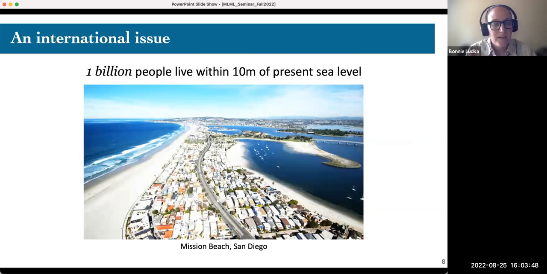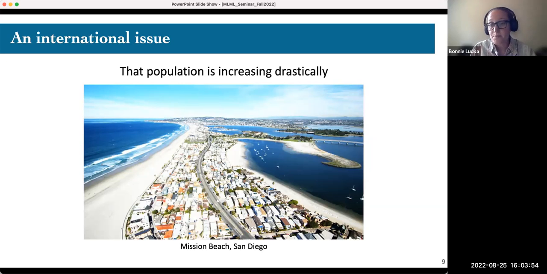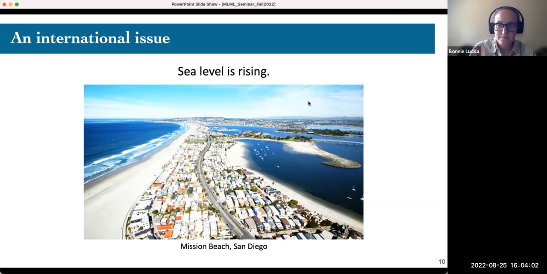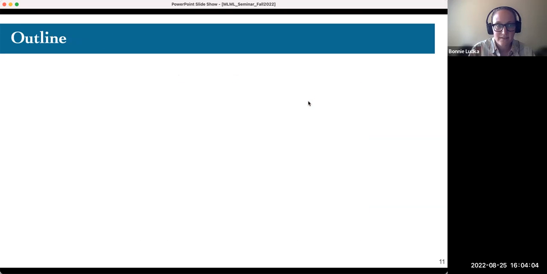Beach sand levels are an international issue, as 1 billion people live within 10 meters of present sea level. That population is increasing drastically, and sea level is rising.